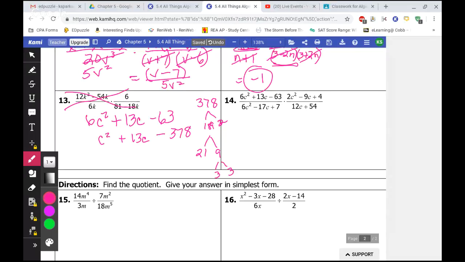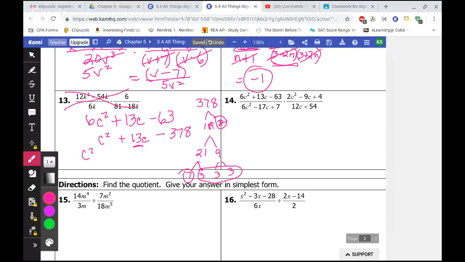So I'm looking for factors that multiply together to give me that negative 378 and add to give me this 13. If I do 3 times 3 times 3, which is 27, and then 7 times 2, that's 14. So 27 and 14.